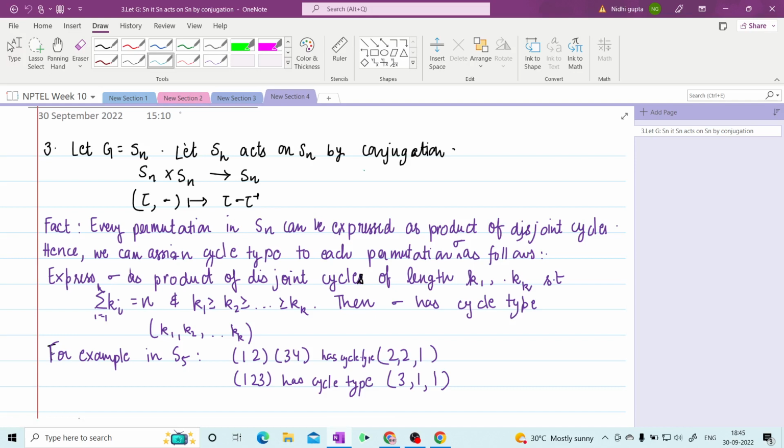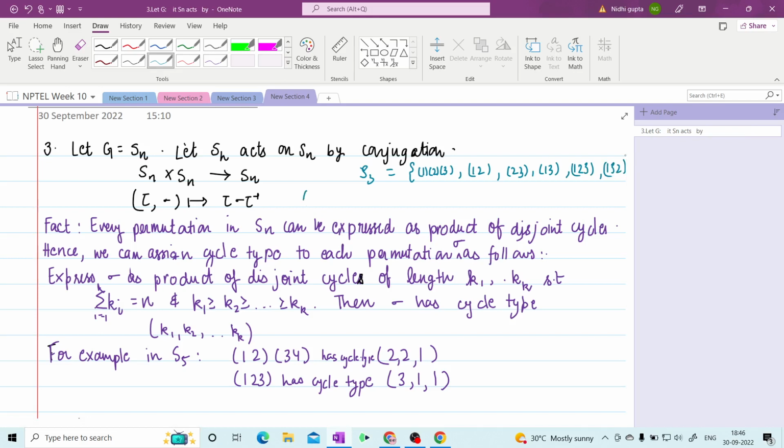So for a simple example, if we are considering S3, we see that S3 has the identity, then it has these 2-cycles, and then these are the 3-cycles, the rotations.